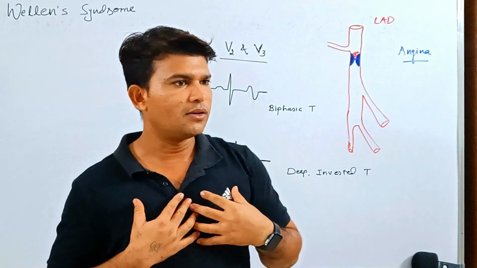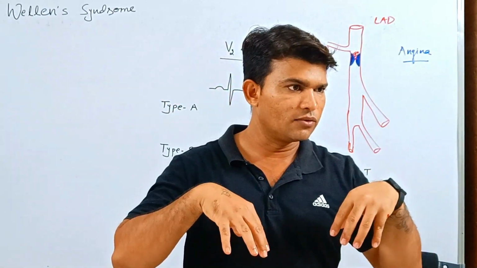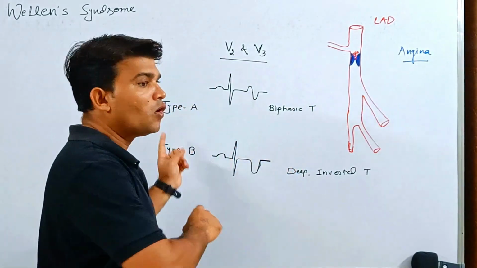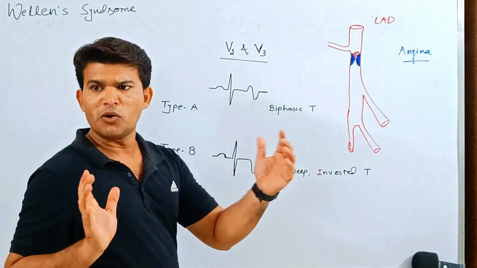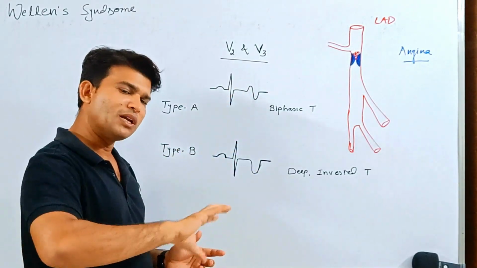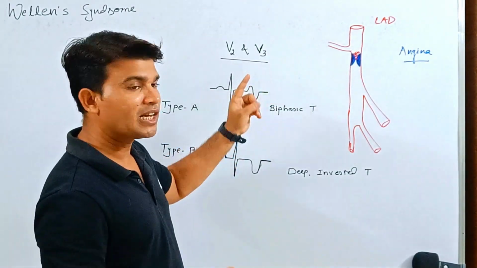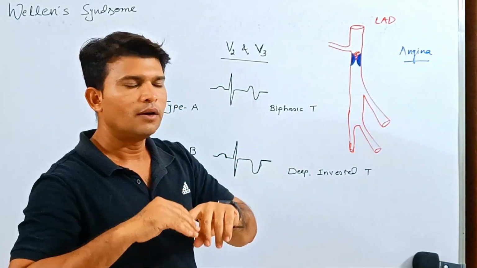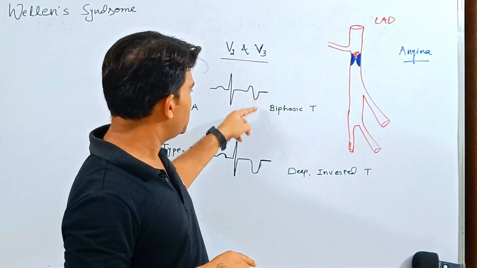Then right now I will have no signs and symptoms. I will have a normal R wave progression. Basically, in precordial leads, normal R wave progression is seen, and the ST segment is on the isoelectric line. It is normal, right?